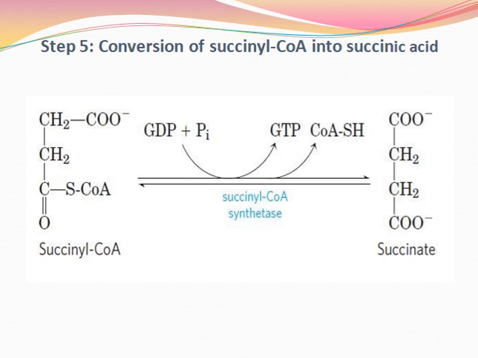This can later interact with ADP to form ATP. The reaction in total: succinyl coenzyme A plus GDP, in presence of the enzyme succinate thiokinase under magnesium as activator, produces succinic acid plus GTP.